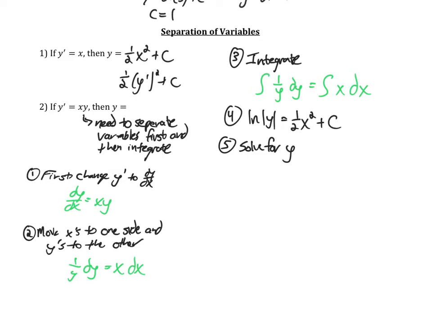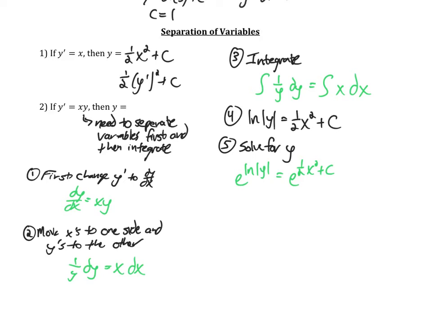The way we can isolate y is to take e and make ln of y the exponent. If I do that to the left side, I have to do it to the right. So basically you make those exponents, and as long as you do it to both sides, that's allowed.